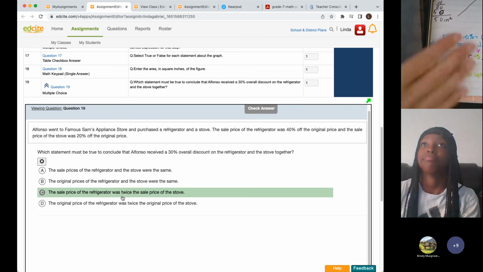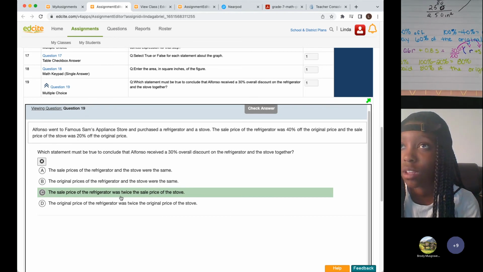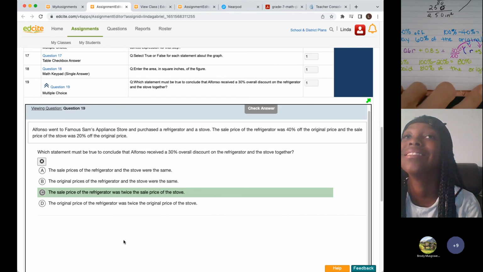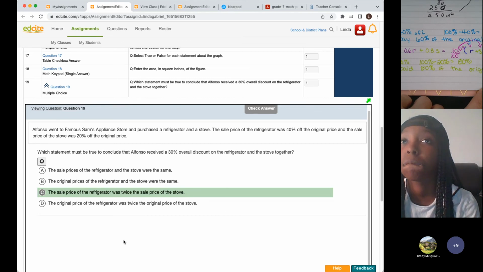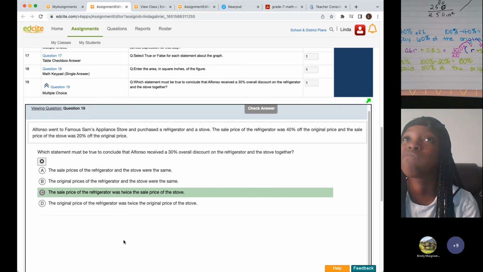Oops, sorry, you guys. I don't have my math there. And the reason why I know that the price of the stove was larger than the price of the refrigerator is because I have to multiply the stove by more to get R plus S. So that means that the refrigerator cost more with the sale price.